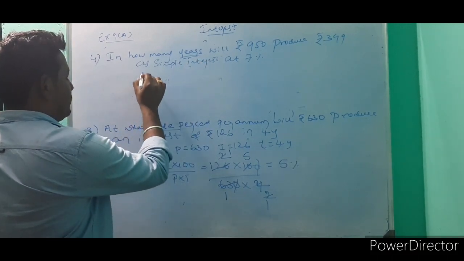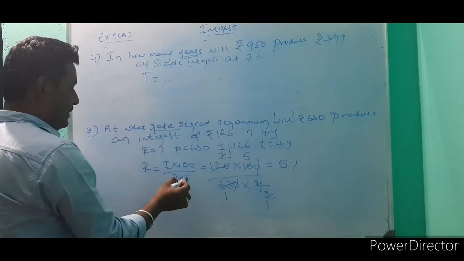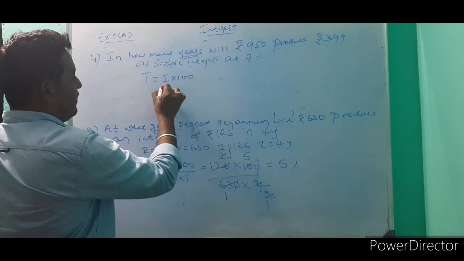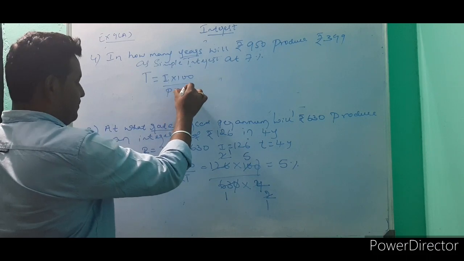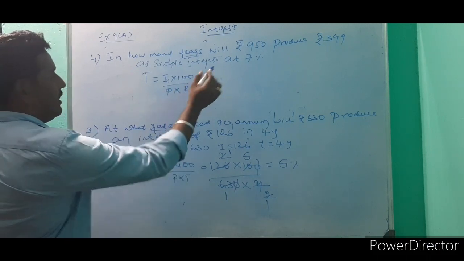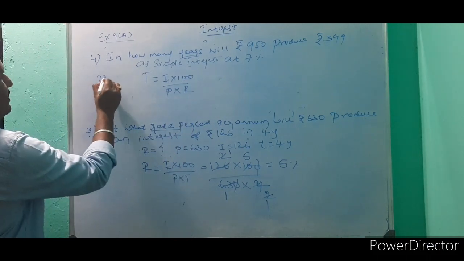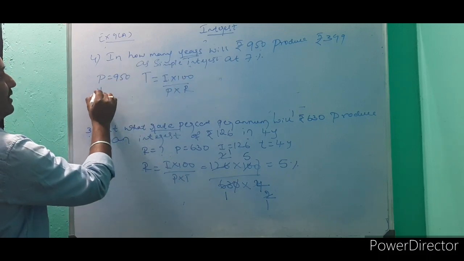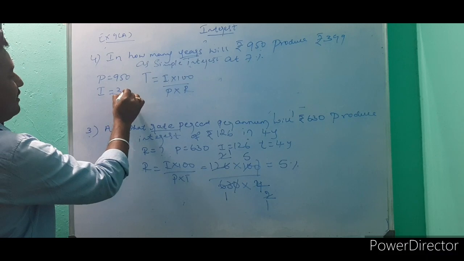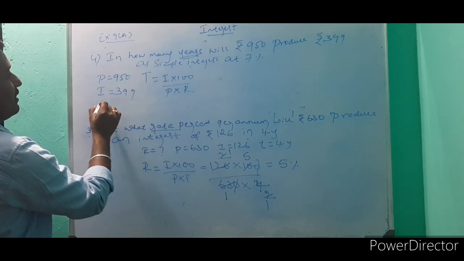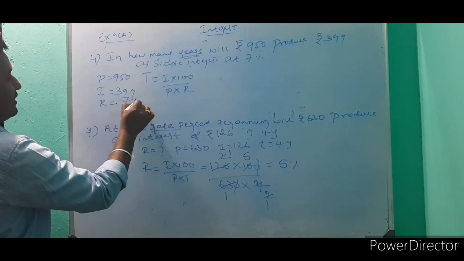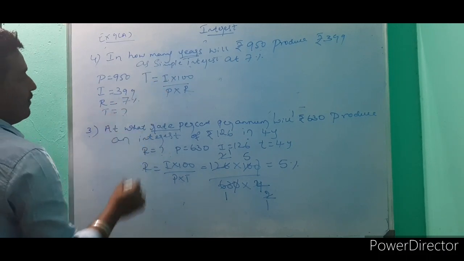So time, you know that if you interchange for time, R will come down, that is I into 100 divided by P into R. So here they have given principal is 950, interest is 399, and the rate they have given is 7%. Time we have to find out.